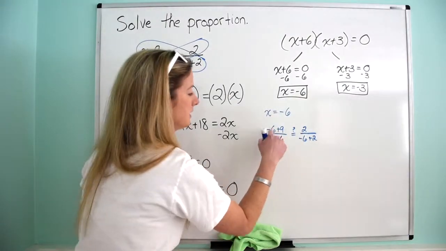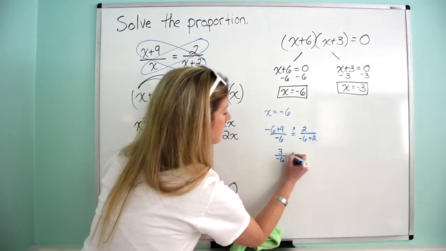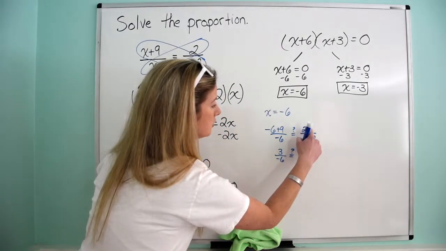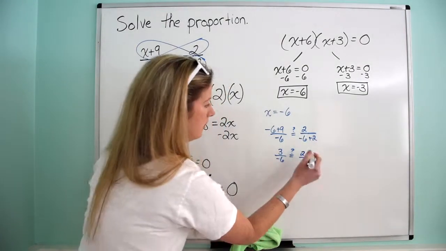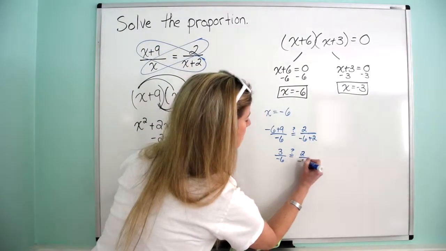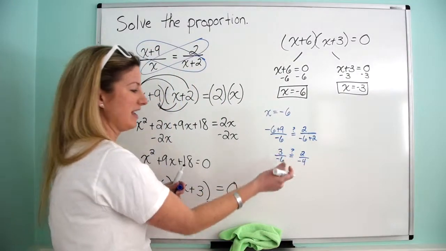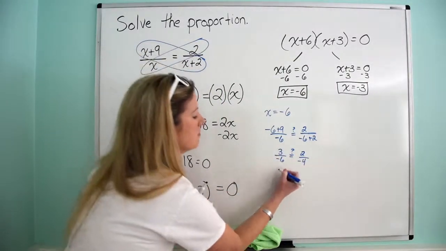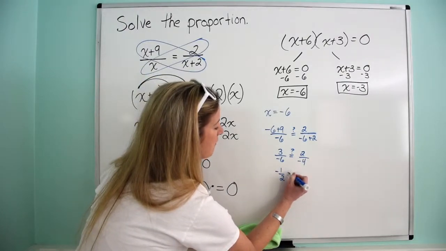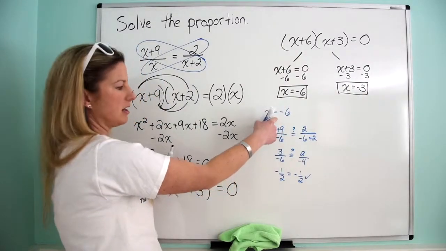We're going to take it step by step. So negative 6 plus 9 is positive 3 over negative 6. And we want to know, does that equal 2 over negative 6 plus 2, which is negative 4? Awesome. Again, you might recognize right away that it's true, and it is. But if we simplify them even more, we get negative 1/2 equals negative 1/2. Perfect. So this works. Awesome.